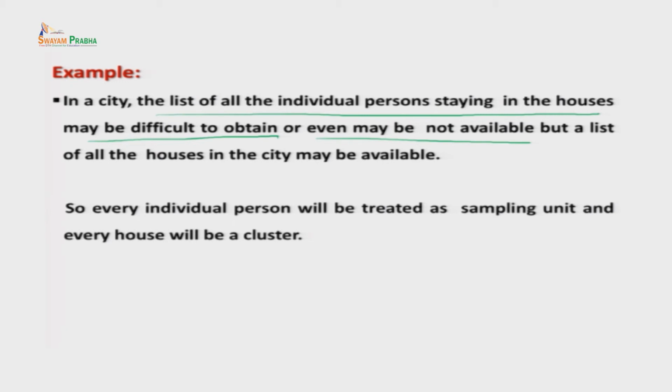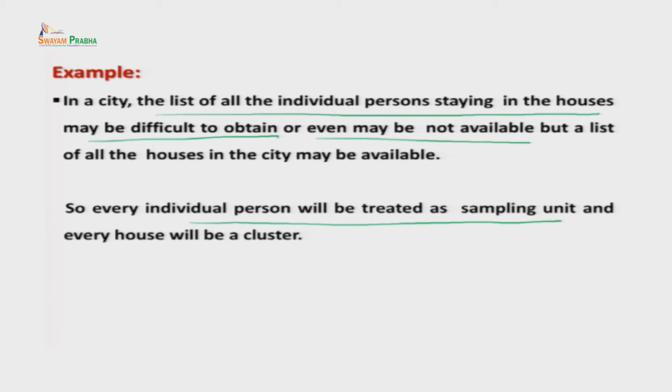So, in this case, what will happen? Every person who is staying in a house is going to be treated as a sampling unit. And every house is expected to have more than one person staying there.